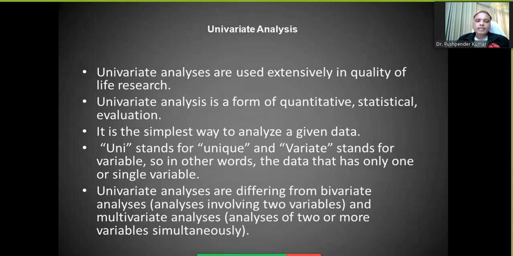So here we have two or more variables simultaneously. Generally, when we do research, we go for bivariate, and in many cases we go for multivariate data analysis also. So it is very simple. If you are studying a single variable, you will go for univariate.